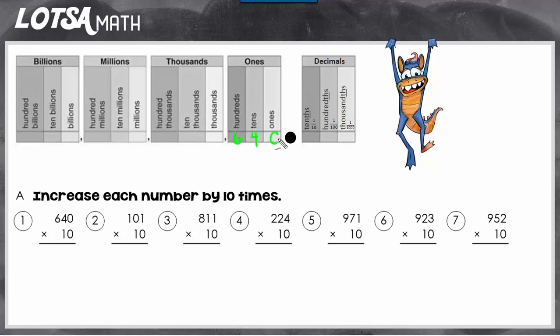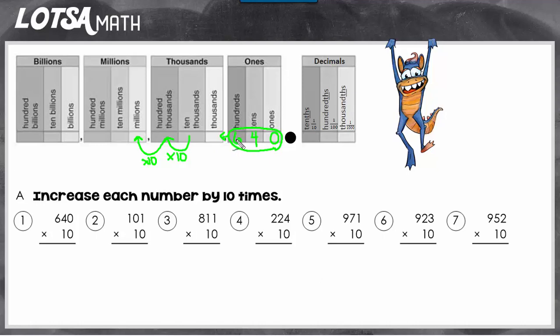Well, we've been talking about how between each place value, if you go from the right to the left, every time you do that, you're multiplying by 10. So if we want to take 640 and multiply it by 10, all we have to do is shift this number one place to the left.